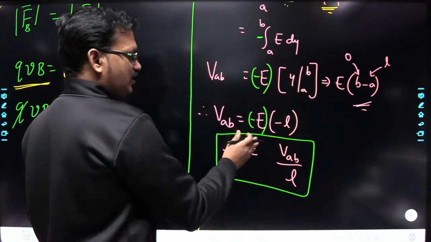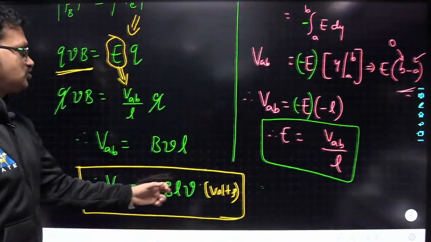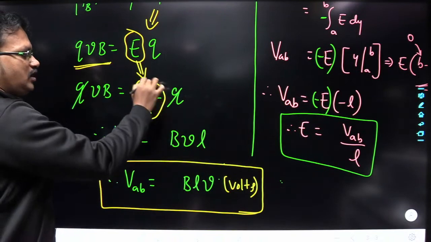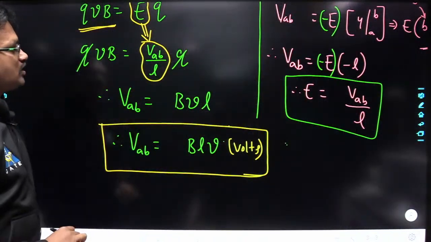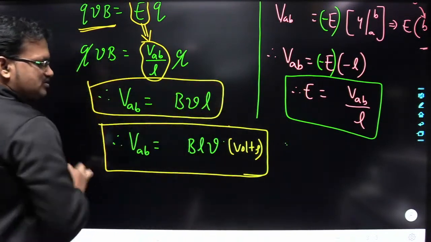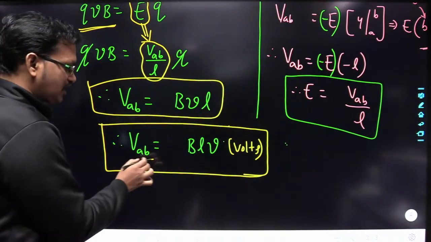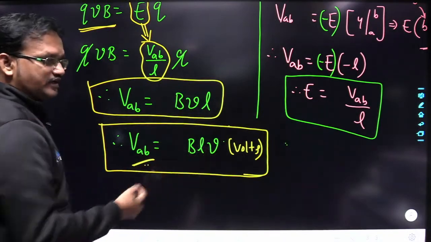So from here E is equal to VAB by L. Here, in place of E, I have substituted VAB by L. So from here I have determined VAB is equal to BVL, or I can write this as VAB is equal to BLV. Understood? So VAB, the potential difference between A and B, we got as positive.